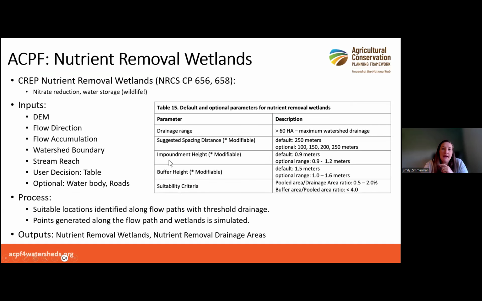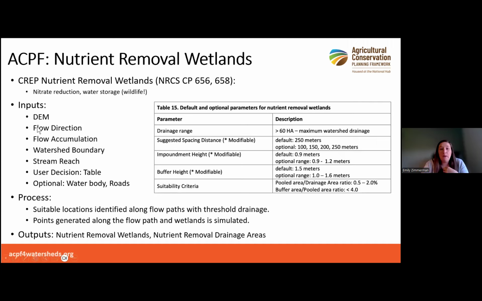The second practice I want to highlight in a similar vein is the nutrient removal wetlands tool. This tool is intended to align with conservation practice standards like 656 and 658, really wetlands that are adapted for nitrate reduction, water storage, and also wildlife potential in some cases.